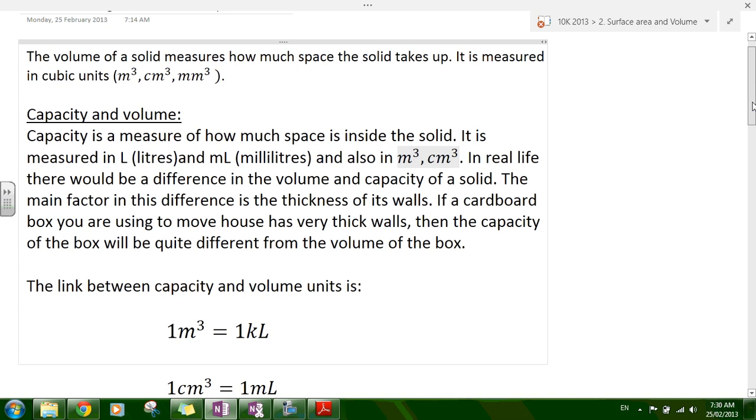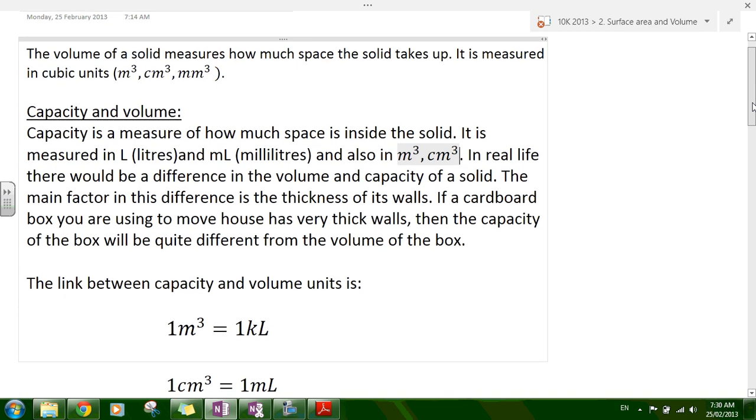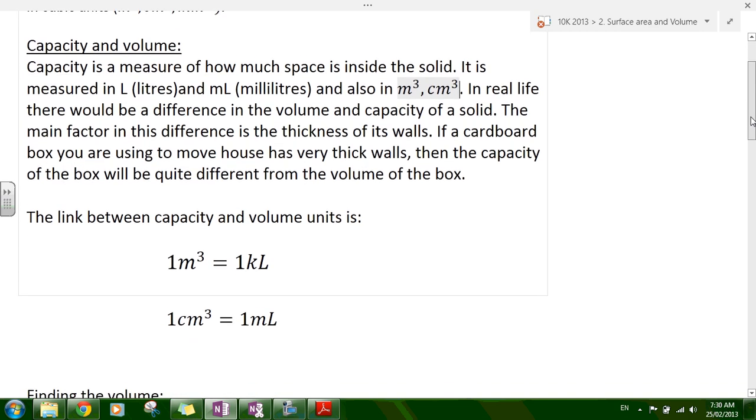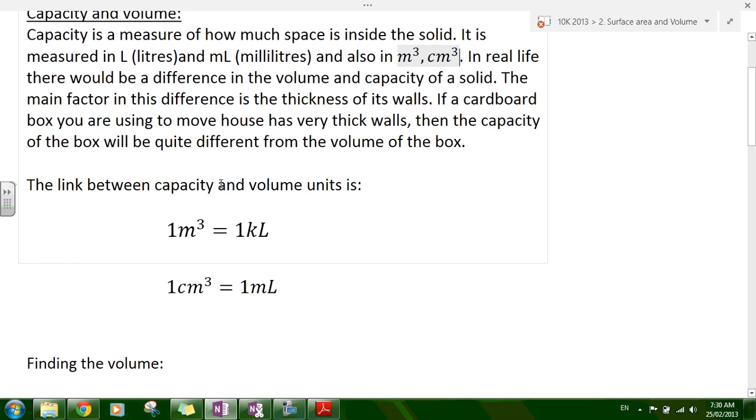There's also a clear link between capacity units and volume units, and this is a handy thing to be very familiar with. So 1 cubic meter is actually 1 kiloliter, which is equal to 1,000 liters. Make sure that we're familiar with that. And 1 cubic centimeter is equal to 1 milliliter.